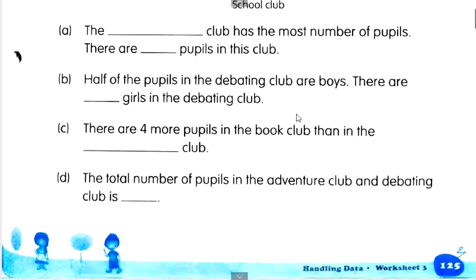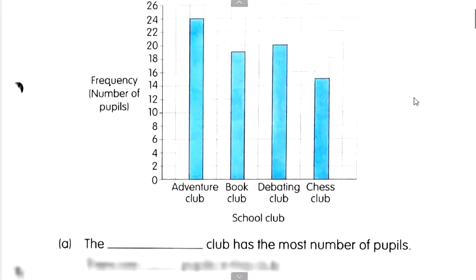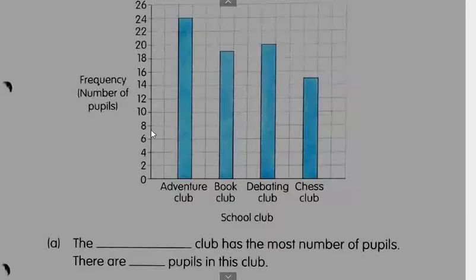Now question D, the total number of pupils in the adventure club and debating club. Look at the adventure club, it is 24.